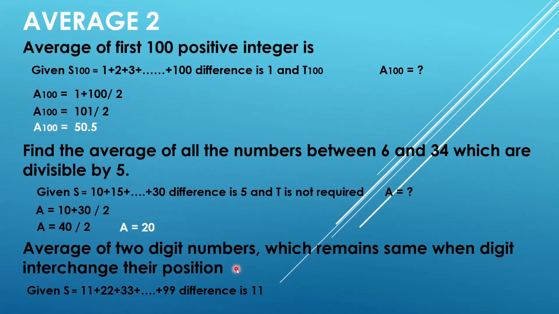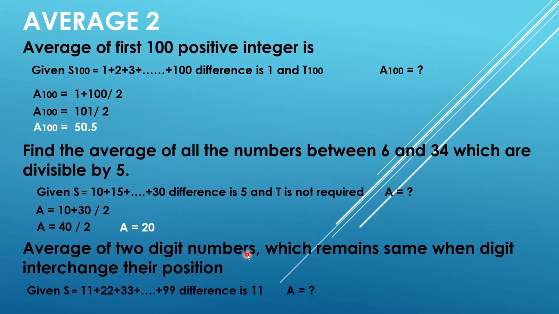If you find here, 11 and 22 have a difference of 11. 22 to 33, they also have a difference of 11. And if you say 88 and 99, there also we have a difference of 11. So what we can say is this has the same difference.